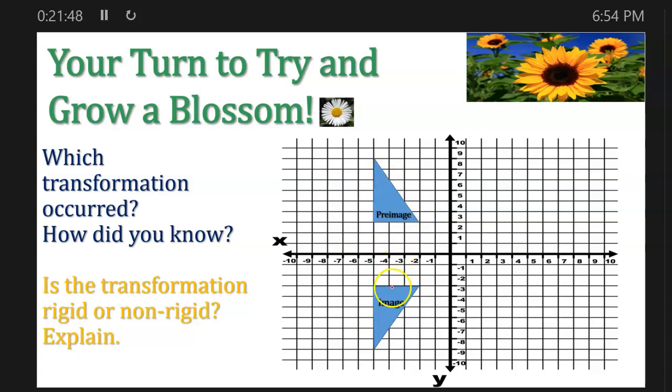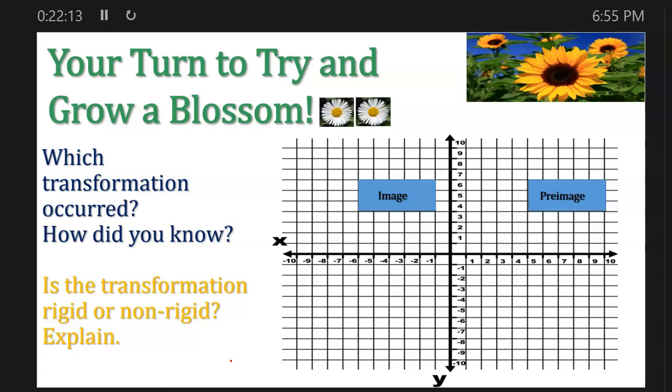So it looks like it reflected over this x-axis to make this image here. Its orientation and its location changed. Is the transformation rigid or non-rigid? Well, that's definitely a rigid transformation because the size of the triangle is the same, just the location and the orientation changed.